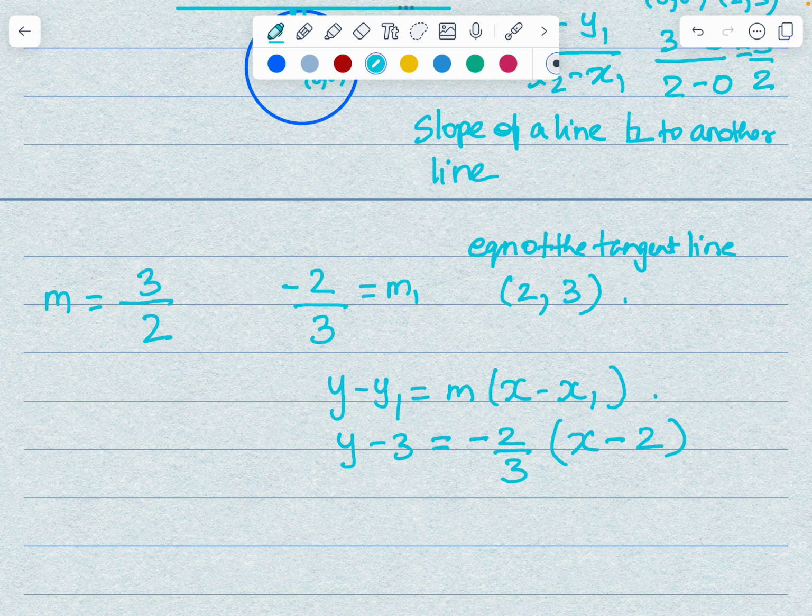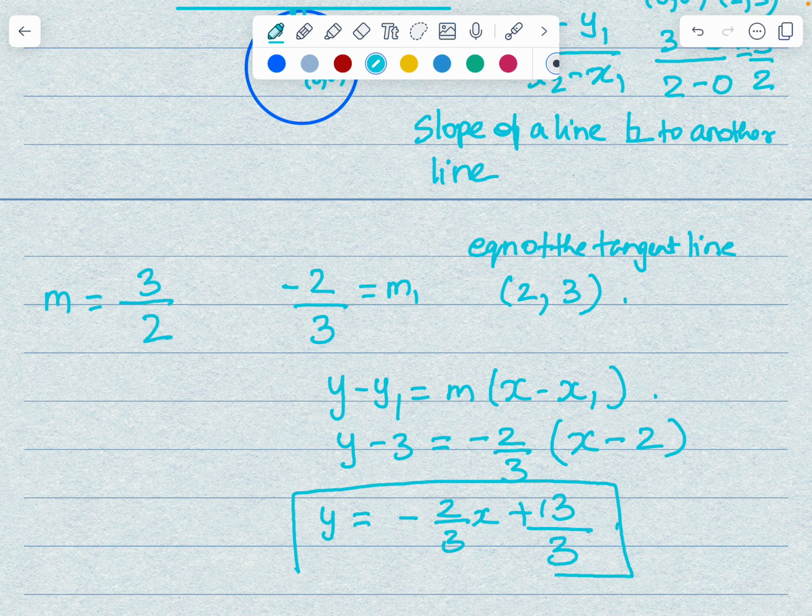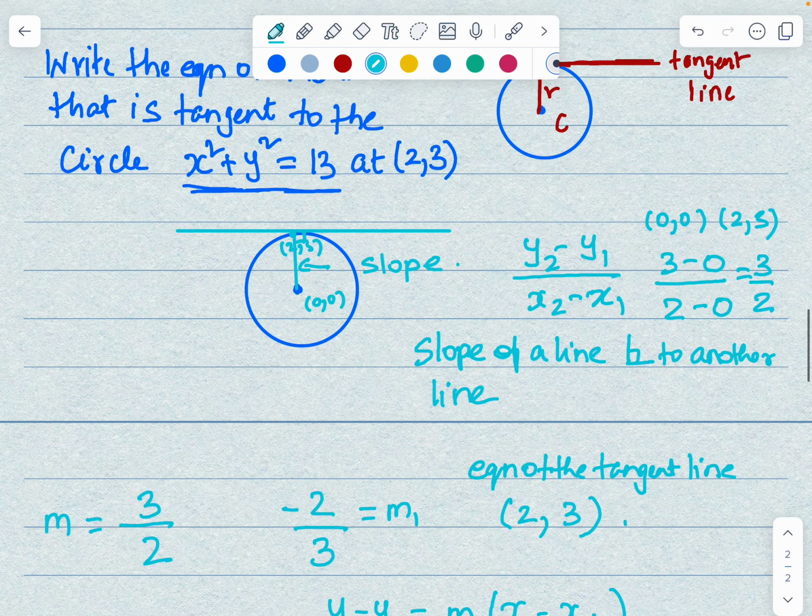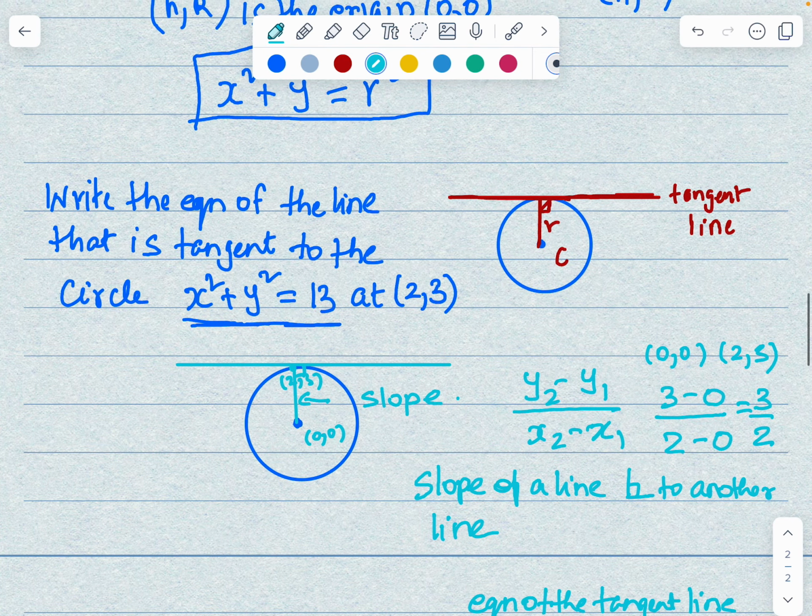You just do a bit of algebra and you're going to get y is equal to minus 2/3 x plus 13 over 3. And this is a question that could be asked for circle. That's why this theorem was sort of important.